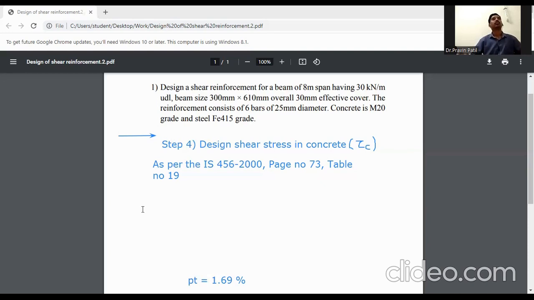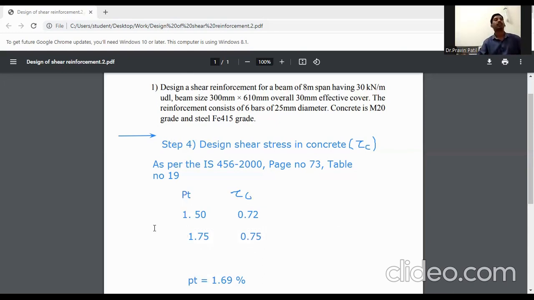So first PT, then tau c value: for 1.50, tau c value will be 0.72, and for 1.75, tau c value will be 0.75.